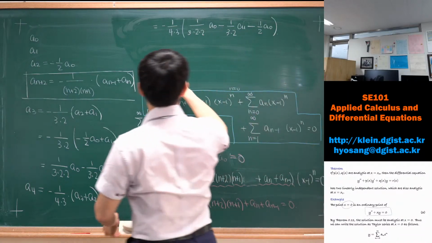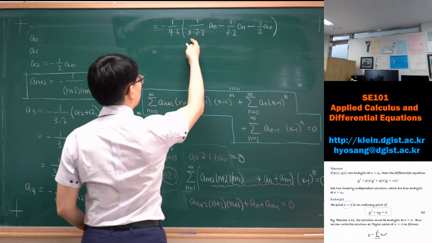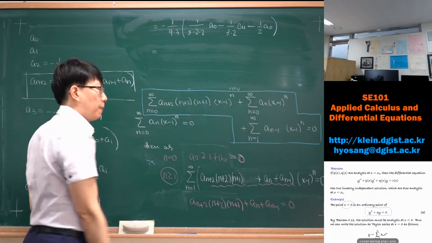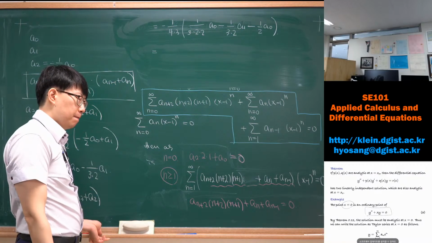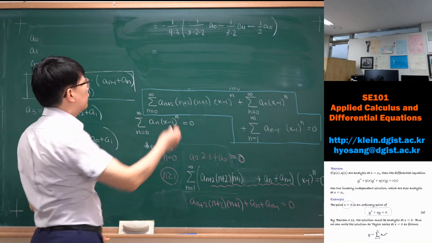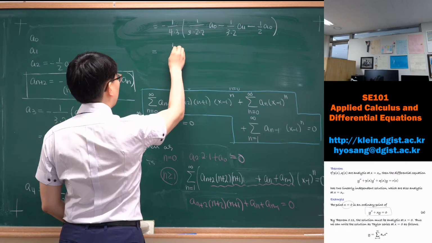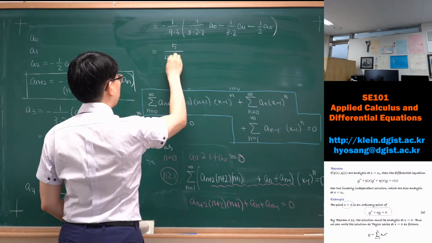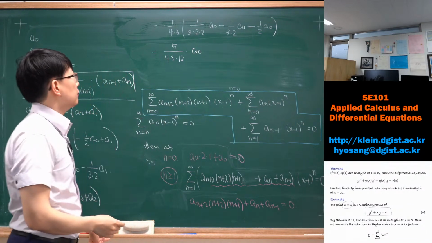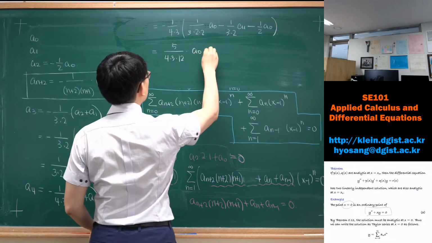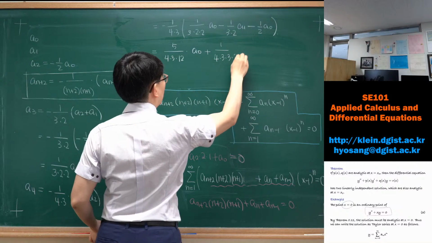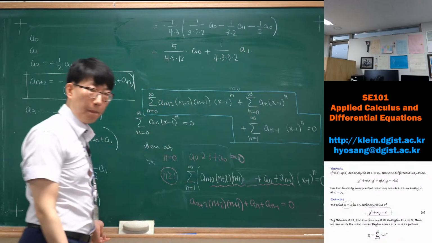So if you combine all this, this is 1 over 12 minus 1 over 2. So 5 over 12. So 5 over 4 times 3 times 12 A0. And this one is plus 1 over 4 times 3 times 3 times A1. Okay.